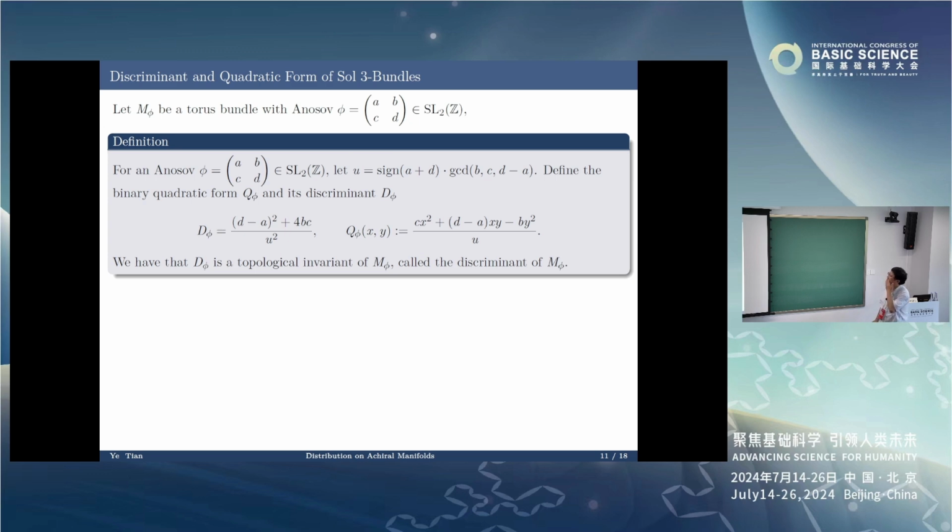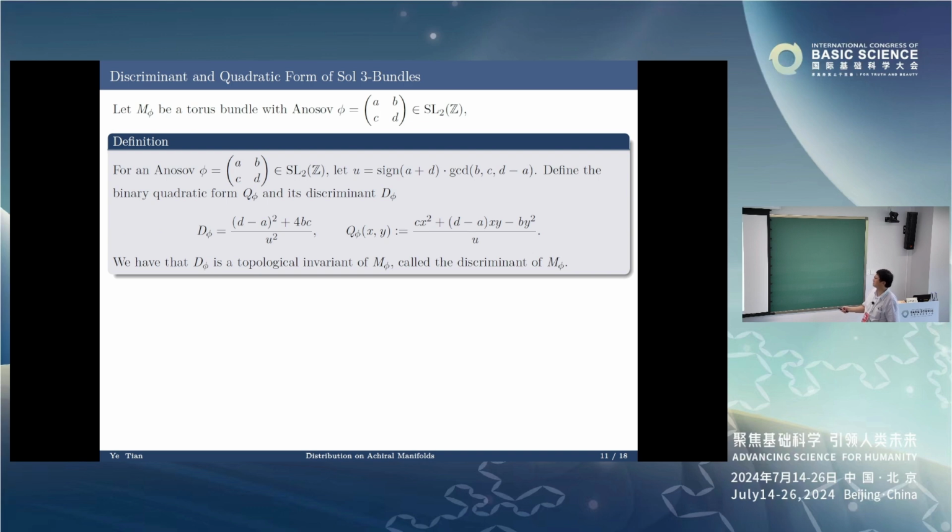Okay, so given the matrix phi, we have this 3-dimensional manifold M_phi, and we can associate to this manifold a discriminant, through a binary quadratic form.